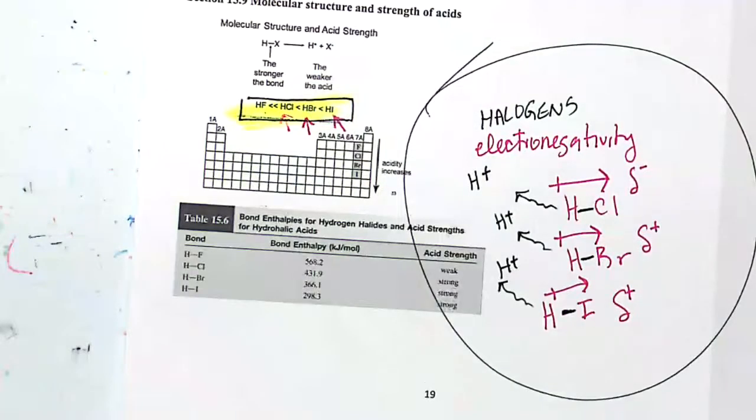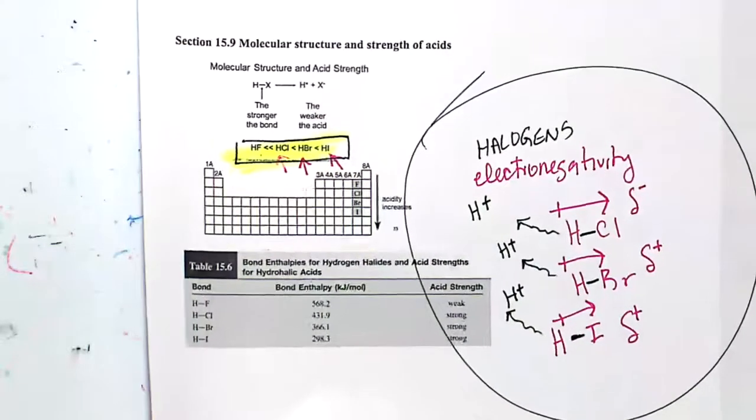There's such a strong electronegativity associated with it. Just some information that I'd like for you to know. The strong acids, HCl, HBr, are strong because the atom is electronegative. They pull.